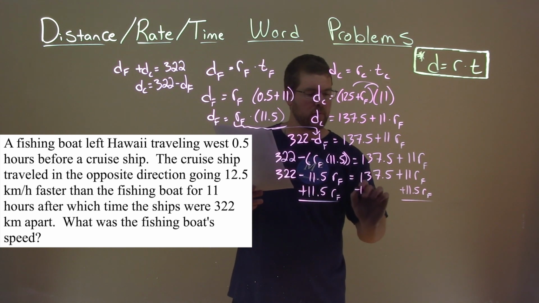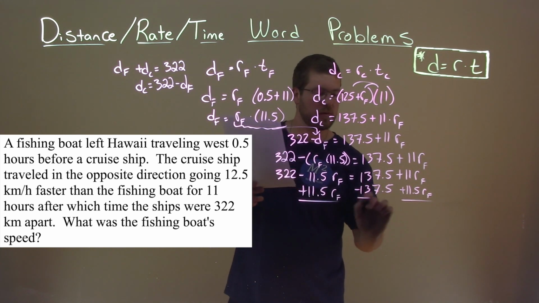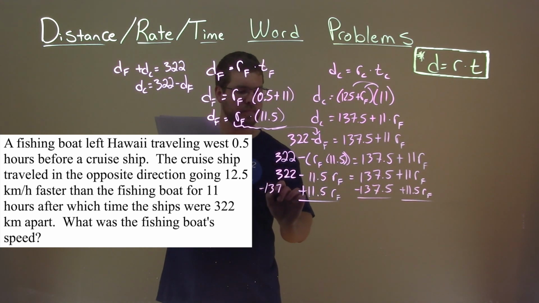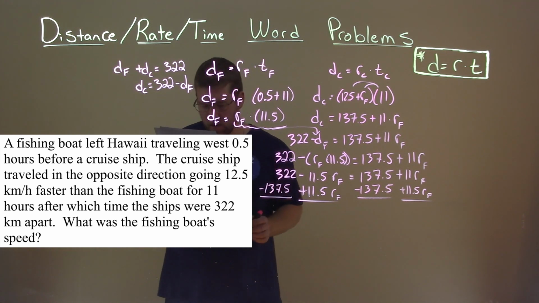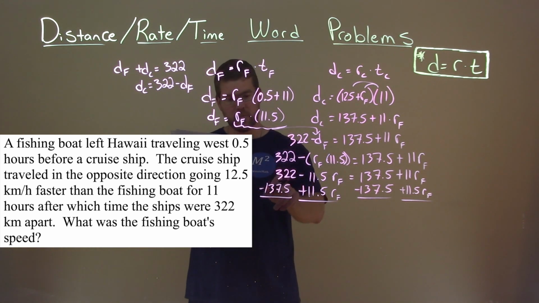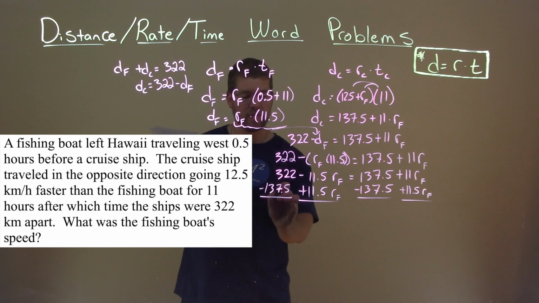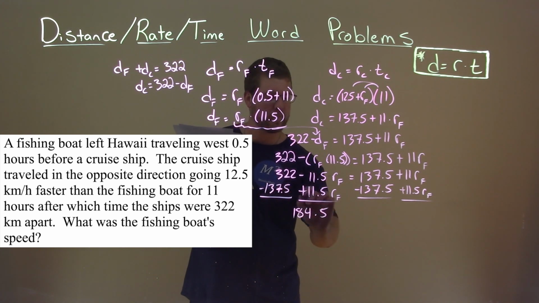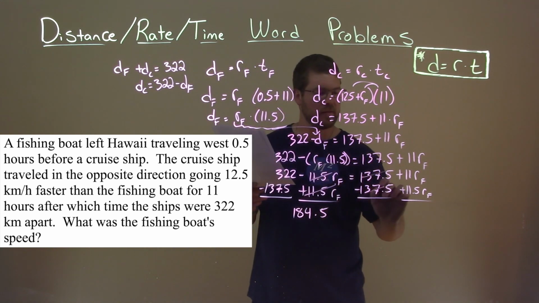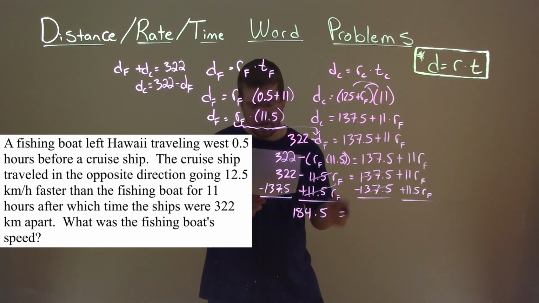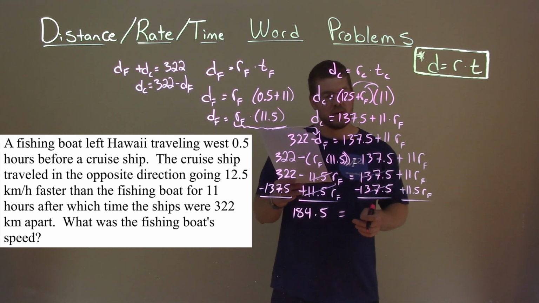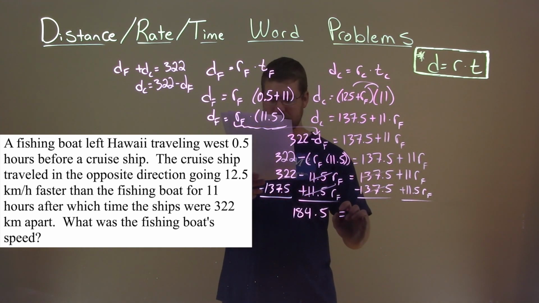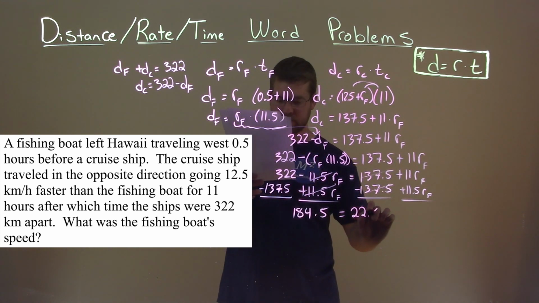And then I'm going to subtract 137.5, put it to the other side. 322 minus 137.5 is 184.5. These cancel, and these will cancel. And that's equal to 11 r sub f plus 11.5 r sub f, which is 22.5 r sub f.